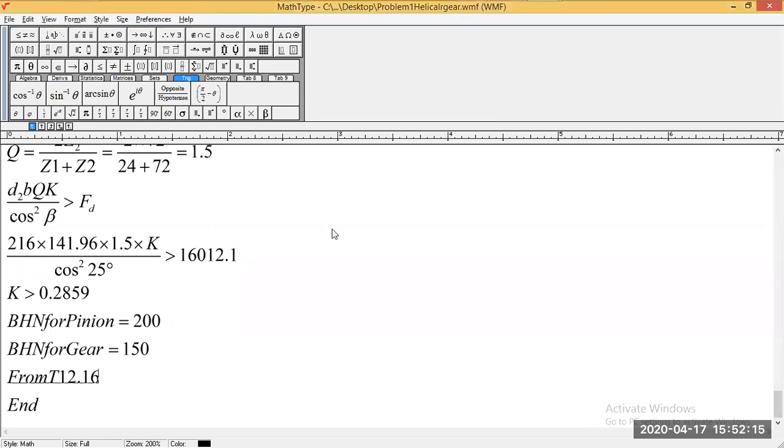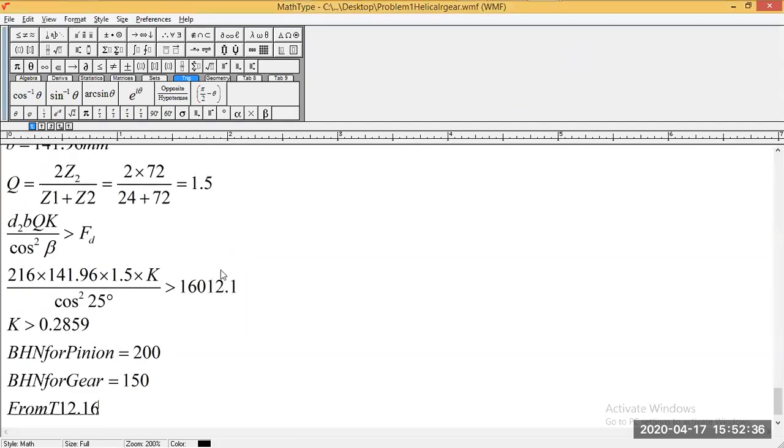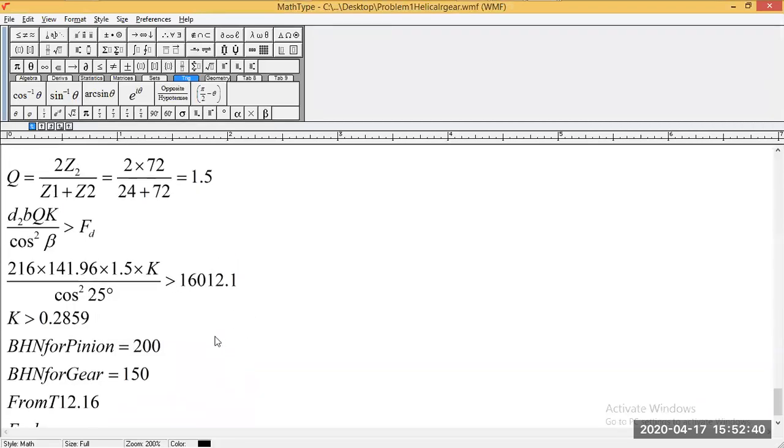We are done with the second numerical on helical gear. So tell me if you have got any different value somewhere. Okay, you can work on that.